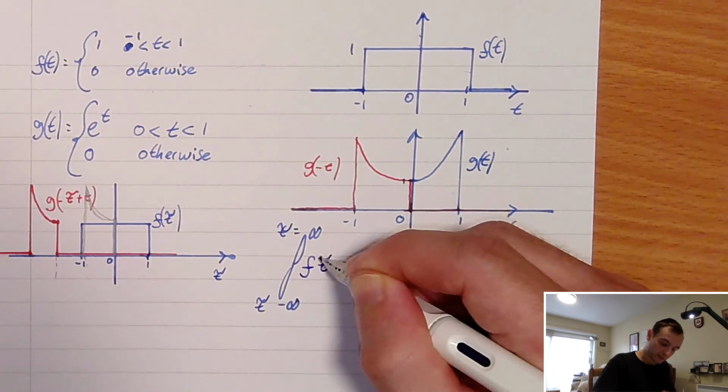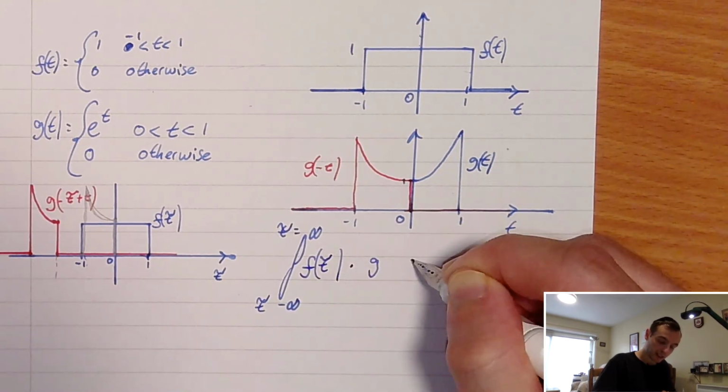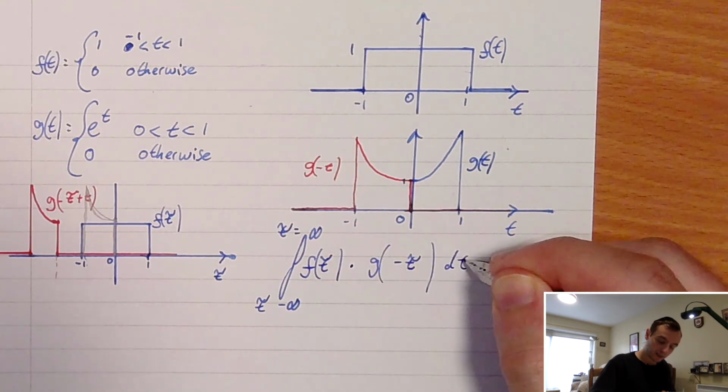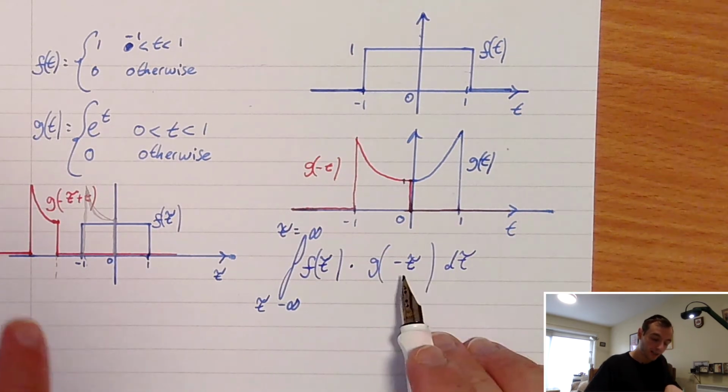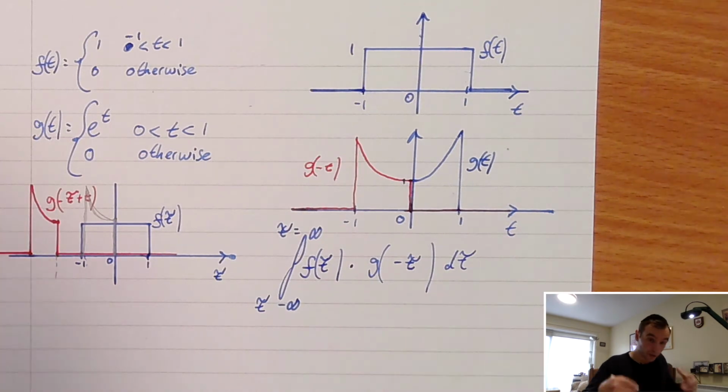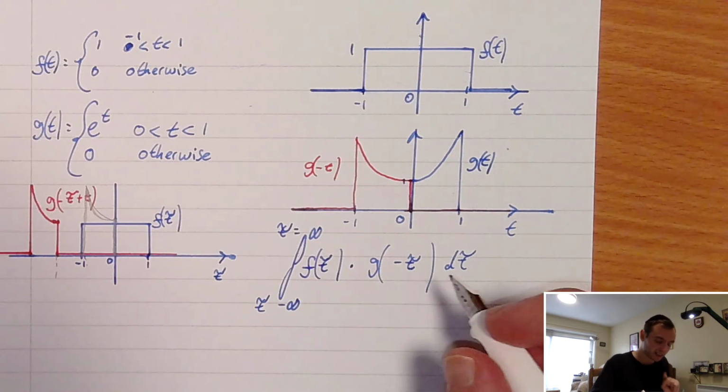Which is f of tau dot product with g of minus tau. Agreed? d tau. But we've got a plus t over here that will allow us, once we've integrated the function, to have a function in terms of t that will give us the integration product of the overlap of both functions for all values of t. It sounds really, really complicated, but it isn't.